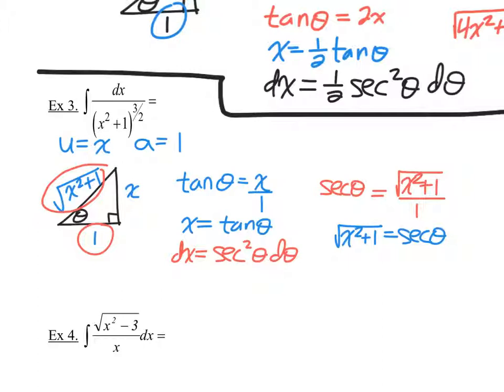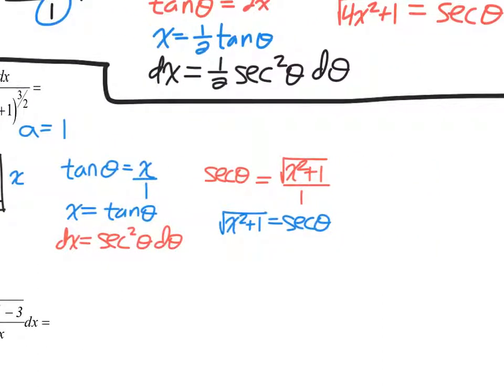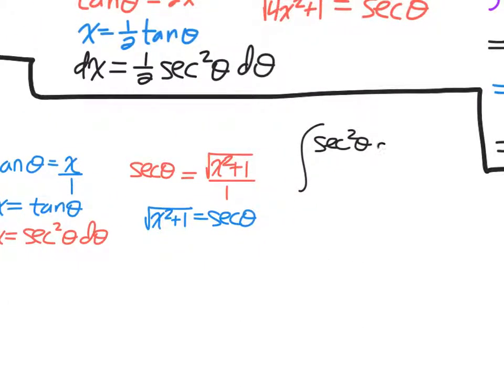All right. So in this case, we have a dx on top, so secant squared theta d theta. On the bottom, I'm replacing the square root of x squared plus 1 cubed.